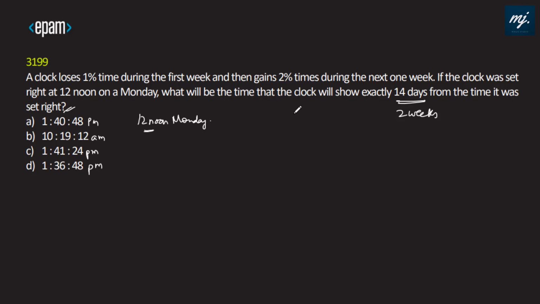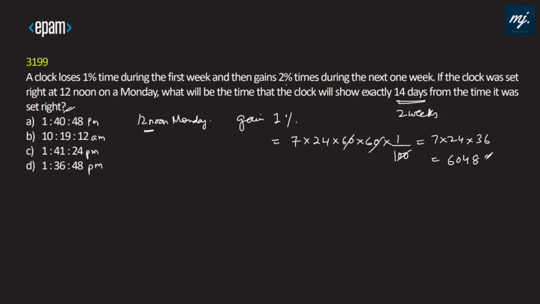These are the options. So losing 1% and then gaining 2% means an overall gain of 1%. Now 1% time in 1 week: 7 days, 24 hours, 60 minutes, 60 seconds into 1%. Calculating in seconds, that would be 7 into 24 into 36, which is 6048 seconds.